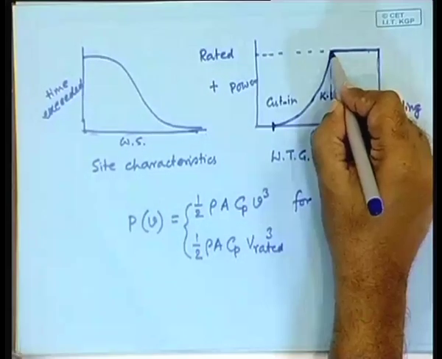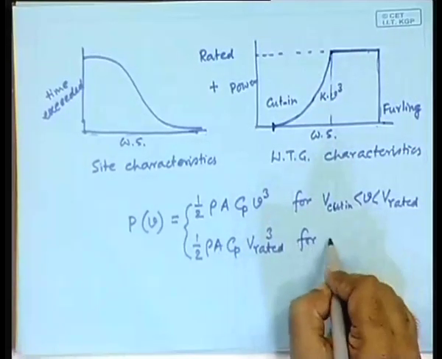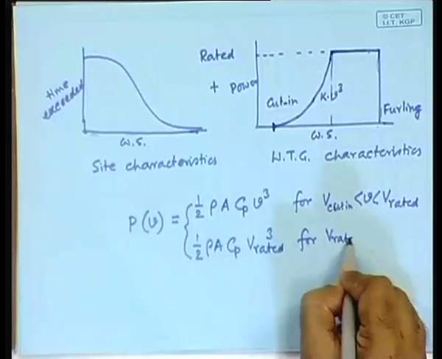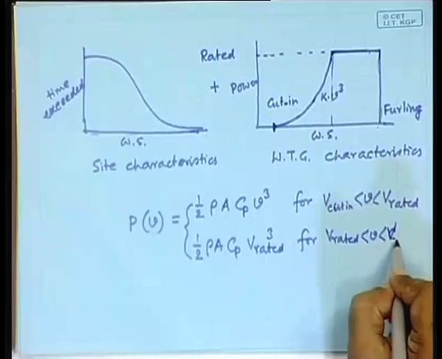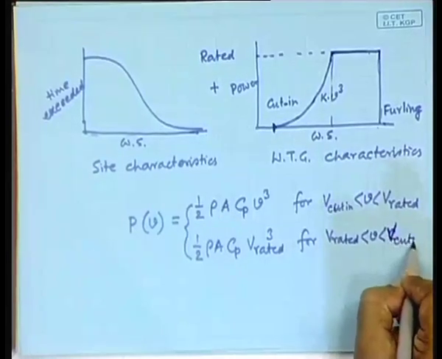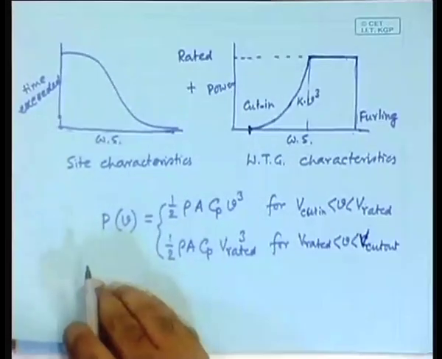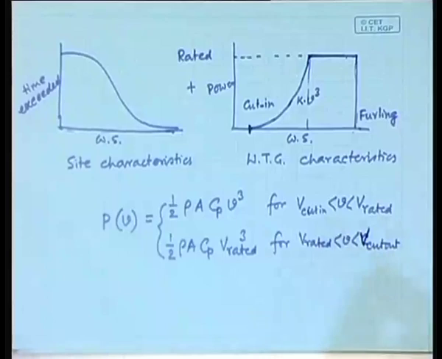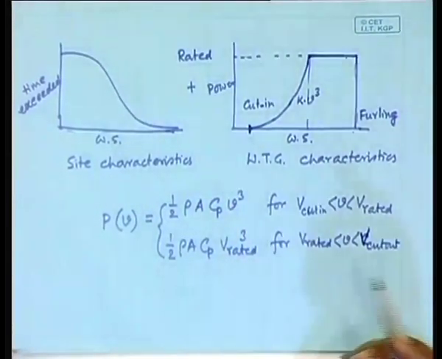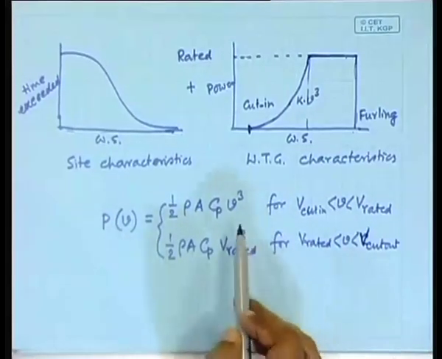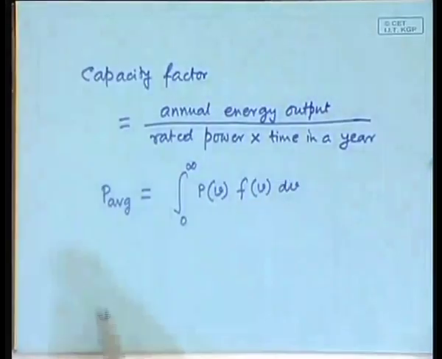This is the amount of power at this value, and that has been flat. So, for V rated to V cut out. Can you see, or it got chopped off? Yes. So, if you use these expressions, then it will not be difficult for you to analytically express this.